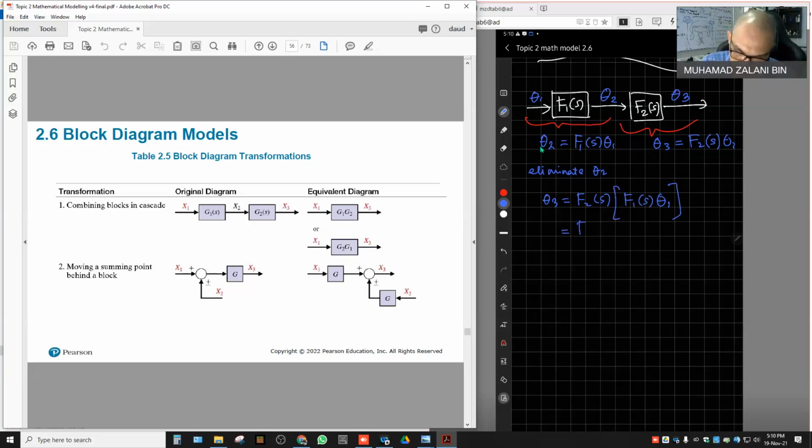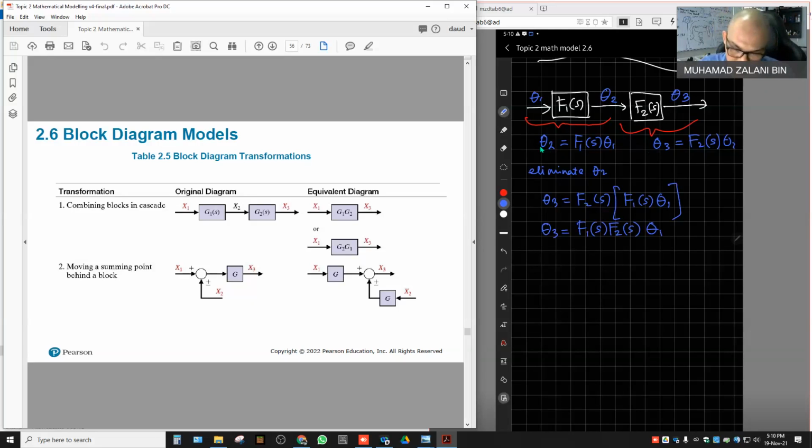So we get F1 and F2, I will put F1 first, F1 with F2(s) theta 1 equals theta 3.